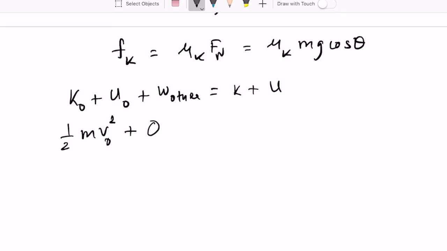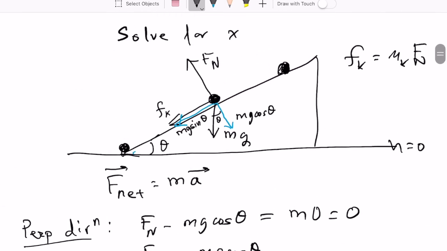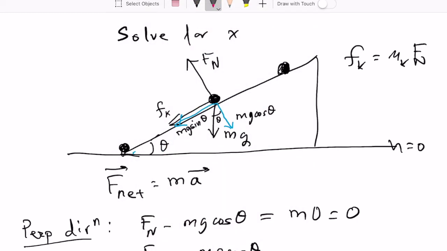Is there a W other in this problem? Yes, there is friction, and so we need to calculate the work done by friction, right? The work done by friction would be the magnitude of the friction force times the distance that the object moves, and that distance is the unknown quantity that we're looking for. I might as well draw it in again. The distance is this d.